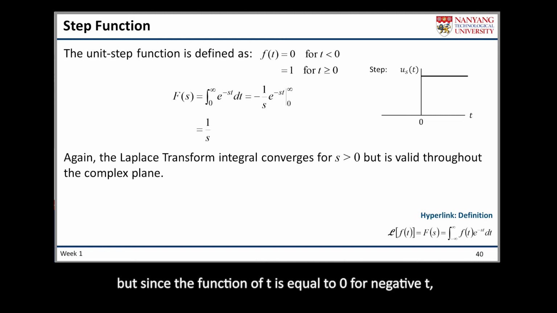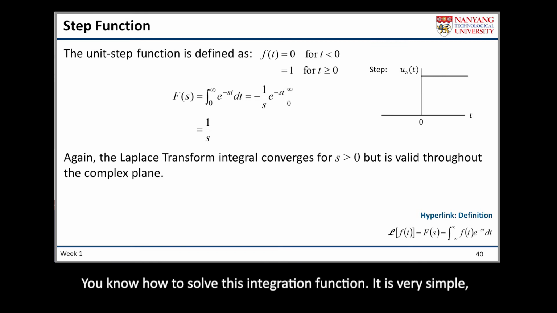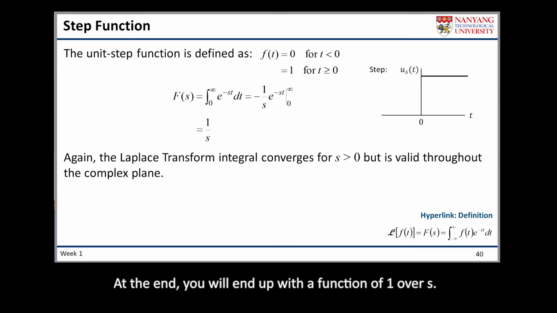But since the function is equal to 0 for negative t, I will just simply integrate it from 0 to positive infinity for 1 times exponential of minus st. You know how to solve this integration? It's very simple, so I leave it to you. By using a few mathematical manipulations, at the end you will end up with a function of 1 over s. So 1 over s is the Laplace counterpart of the step function.